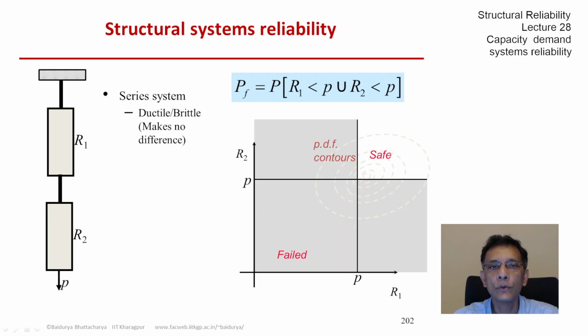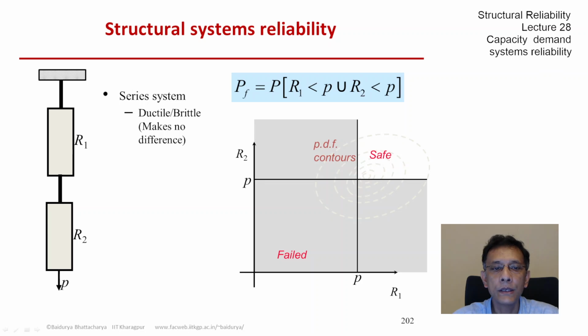If we were to look at the limit state, or if we had to integrate the joint probability of R1 and R2 over the space of basic variables, we would need to know what is the failure region. So on the space of R1 and R2, clearly we see that the failure region is actually a big part of the entire space.